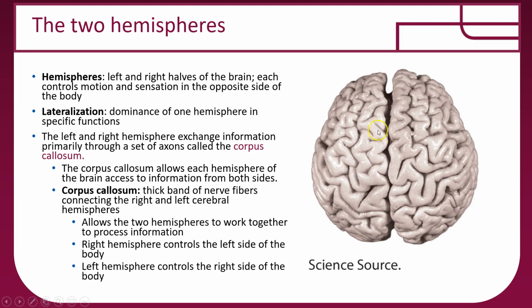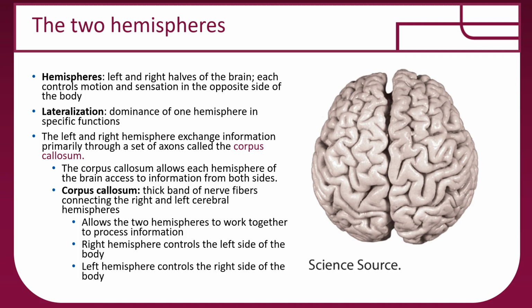And if you can tell, this is looking down on the brain, so you're seeing the two halves, left and right. And there's this term called lateralization, which means that one hemisphere is more specialized for certain functions. So each hemisphere, although they work together, also has certain specialties.